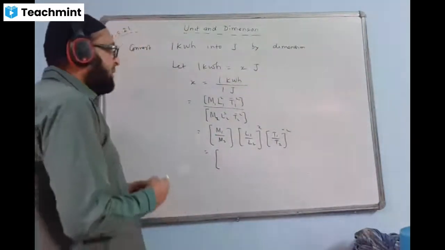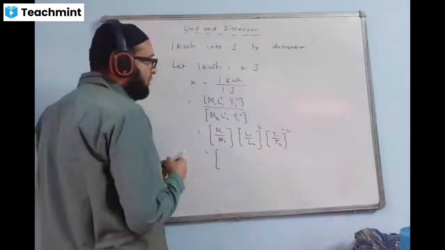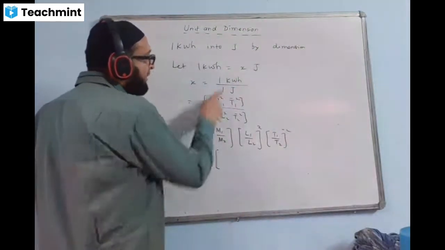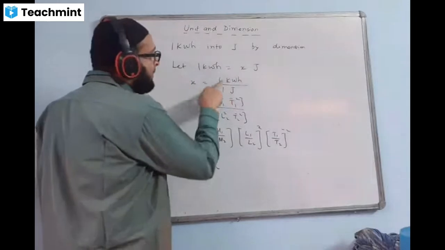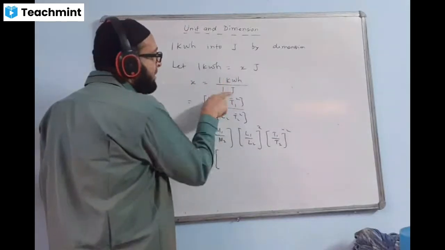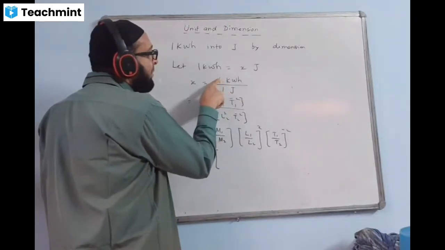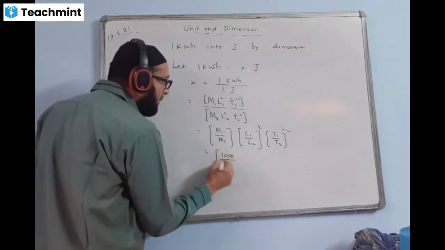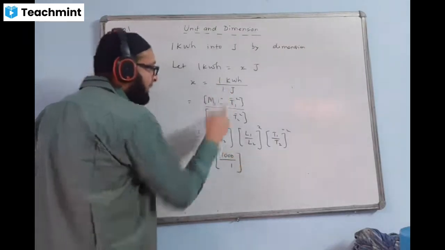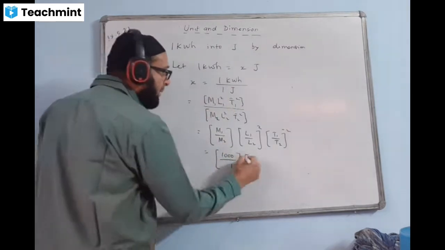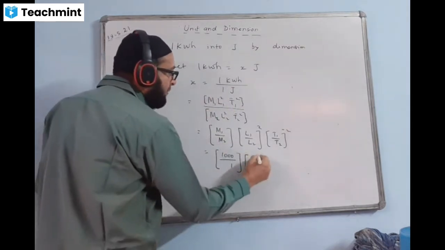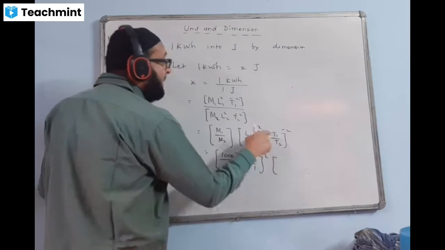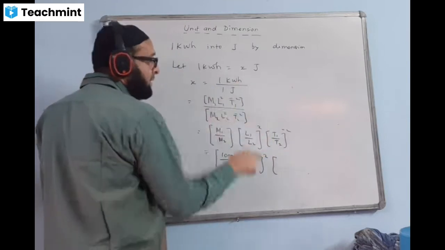So in this question, the mass in this system is 1 kilo, that is 1000, so the mass value you can take as 1000. And in the joule system it is 1 kg. Distance is the same, so write 1 by 1. Time is different. This is 1 hour and here it is 1 second.